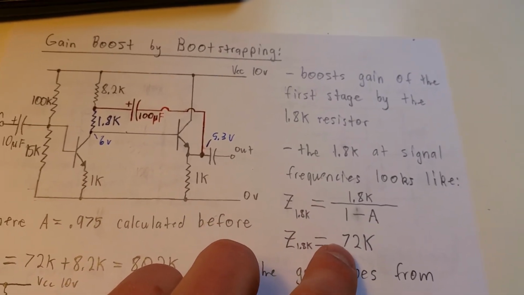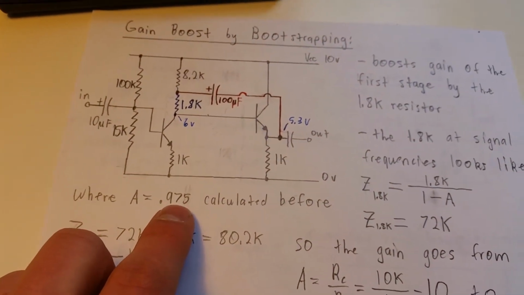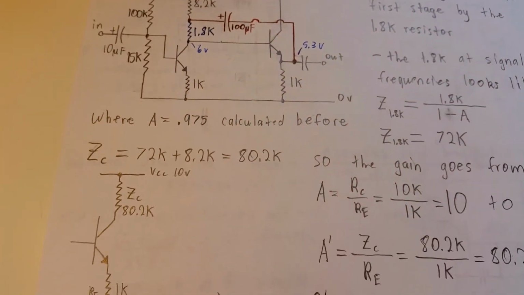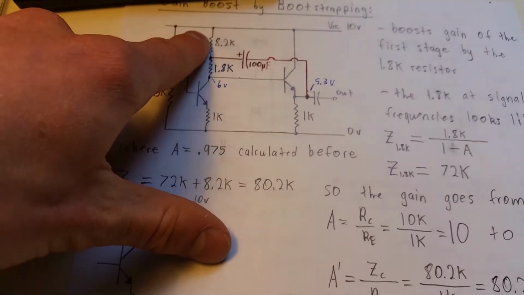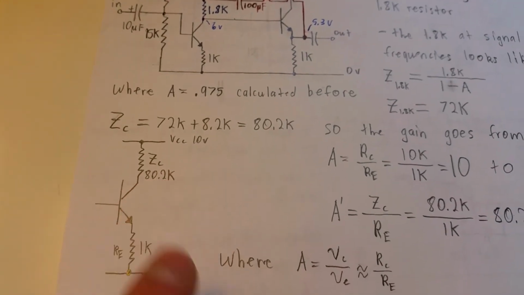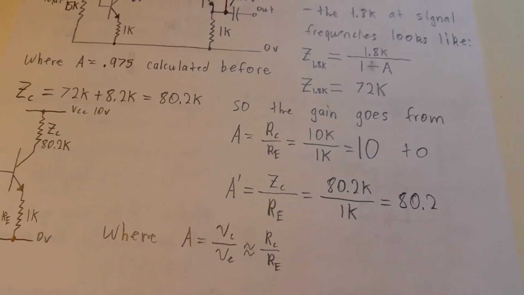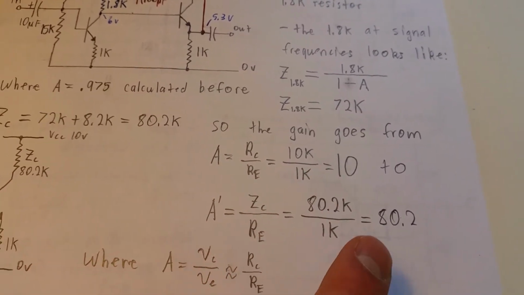It's going to look like a 72k. And we're using 0.975 as our emitter follower gain. And so added together with that 8.2k, it looks like an 80.2k resistor at signal frequencies. So our gain is going to go from 10 to 80.2.